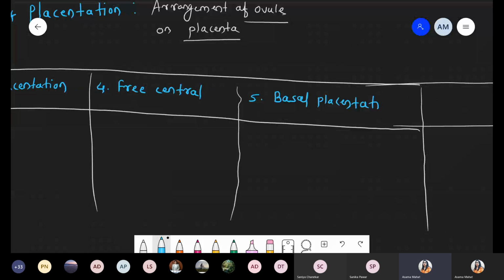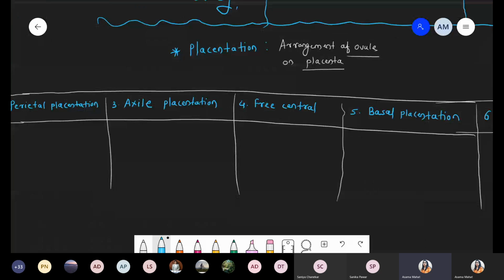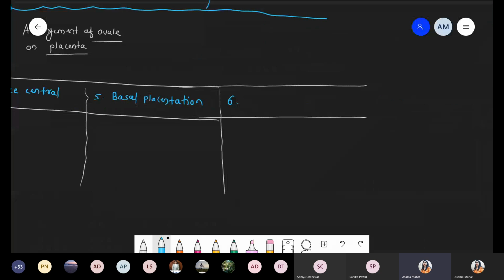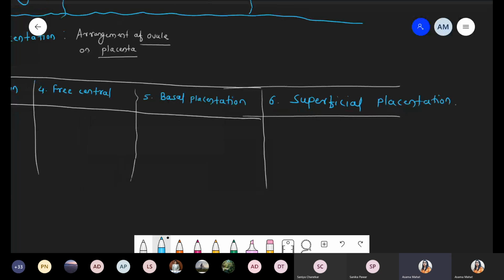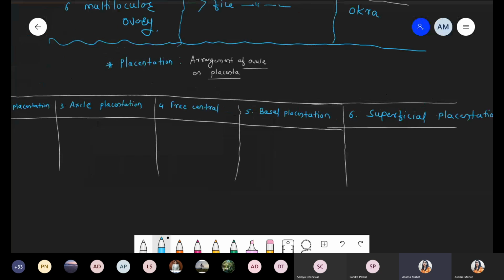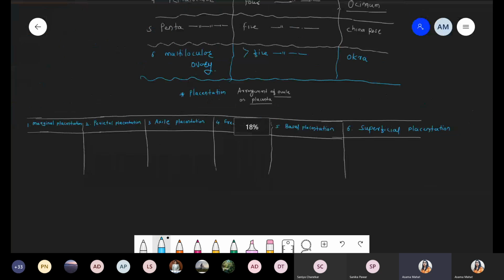And the other one, number 6, which is not mentioned in NCERT, is superficial placentation. This 6th one is not mentioned in NCERT, but it is part of NEET. So these are the total 6 types of placentation.